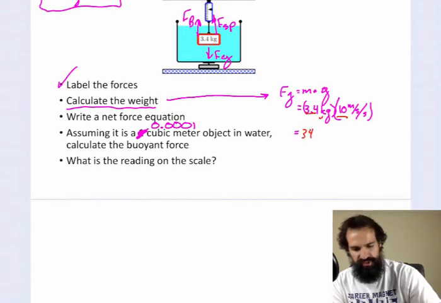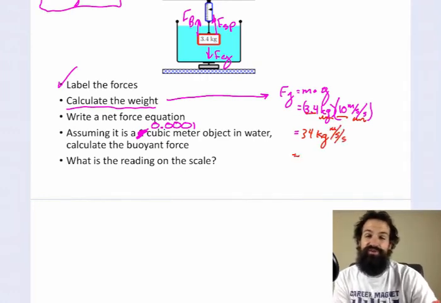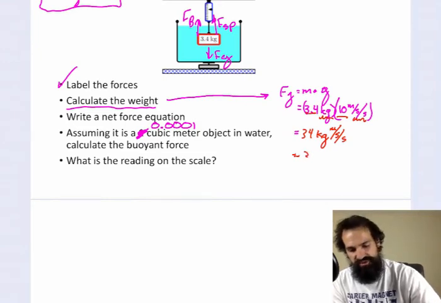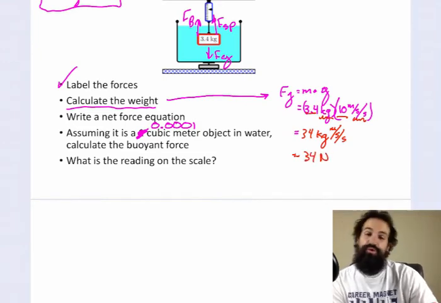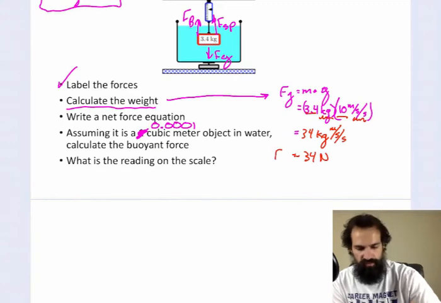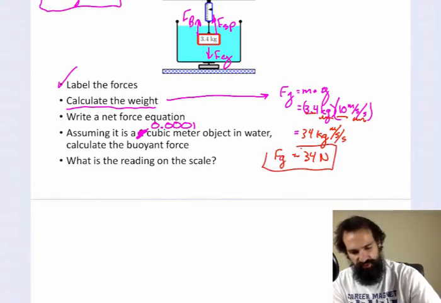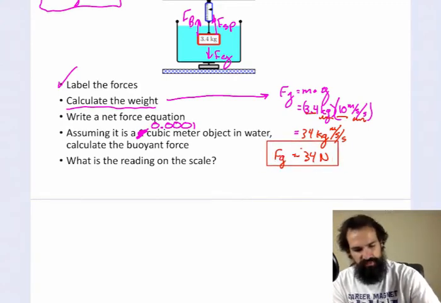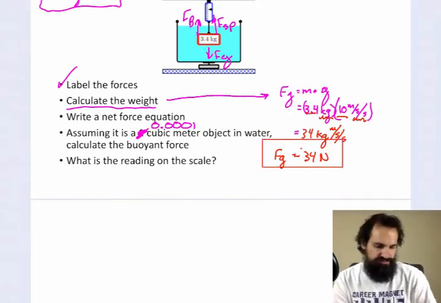And we're going to take the units, kilogram times meter per second per second, and you're going to get kilogram meters per second squared. And I'm sure at this point you guys are getting tired of hearing me say that. So I'm just going to now say 34 newtons. At this point, I think we can save a little bit of time by doing it that way. So 34 newtons. So now we have the weight.